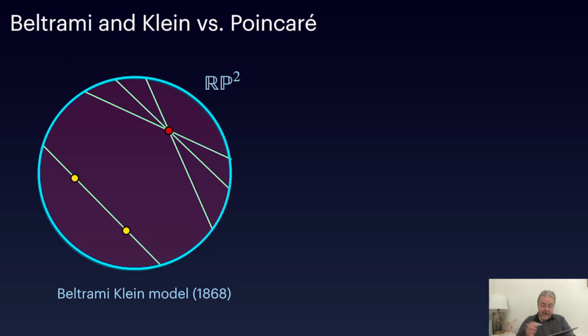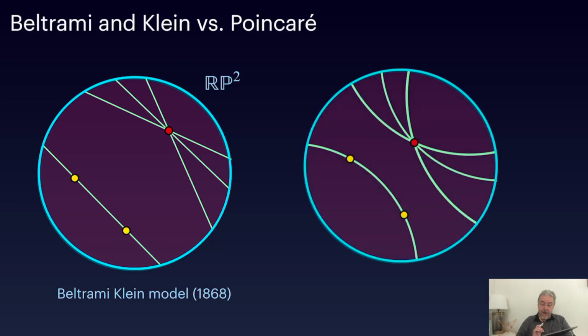Then a few years later came Poincaré and offered another model of the hyperbolic plane. It also is embedded in the interior of a circle, but this time this circle is considered to be a circle in CP1, the complex projective line, and this time the lines are not straight in that model.